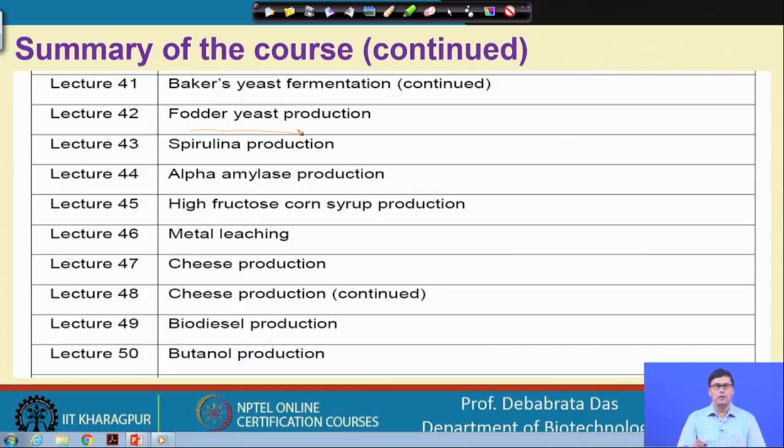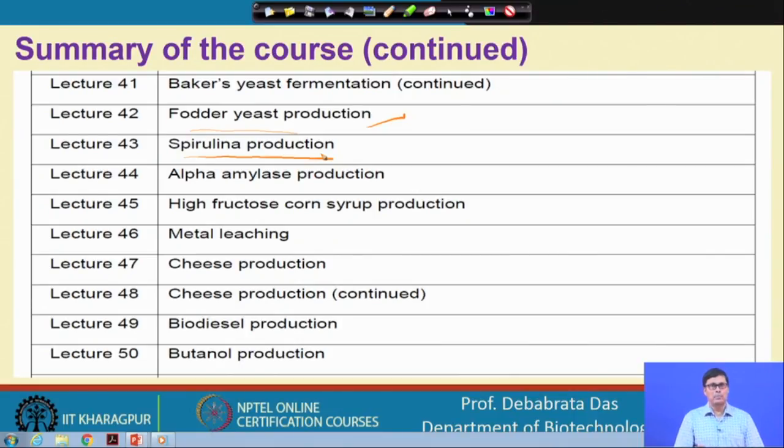Baker's yeast is used for human consumption, but fodder yeast is usually used for animal feed. This is usually produced from waste material, mainly the waste sulfite liquor of the pulp and paper industries.